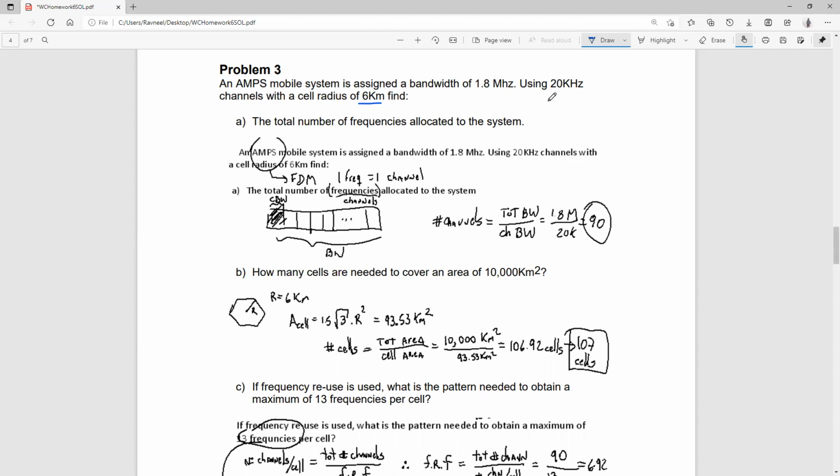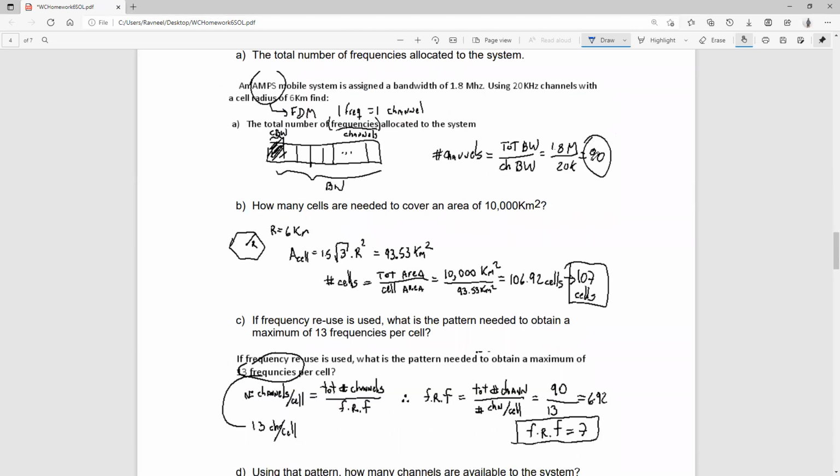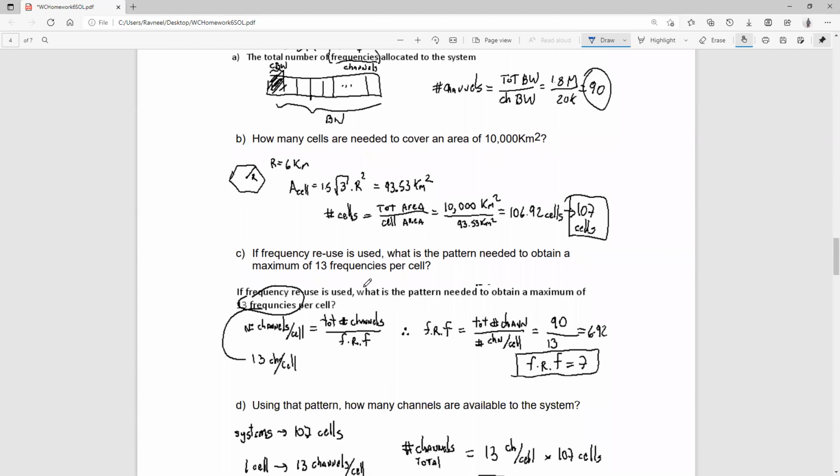So basically, we need 90 channels to cover this particular bandwidth. And when we are using frequency reuse, basically what happens is 13 frequencies, or 13 channels, are represented by each cell.